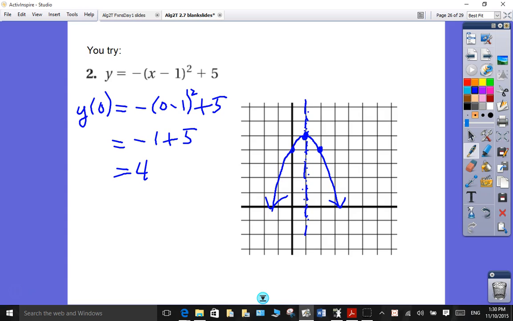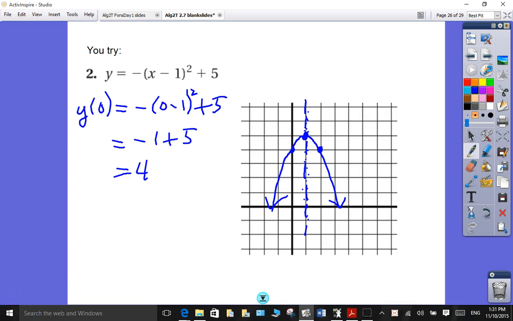Right one, up 5. No, what it means is it's opening down. No, because this thing is shifted, right? If it's at the origin, then when you just put a minus in front, yeah, it flips it across the x-axis. But if it's already been shifted up here, instead of opening up there, it opens down.